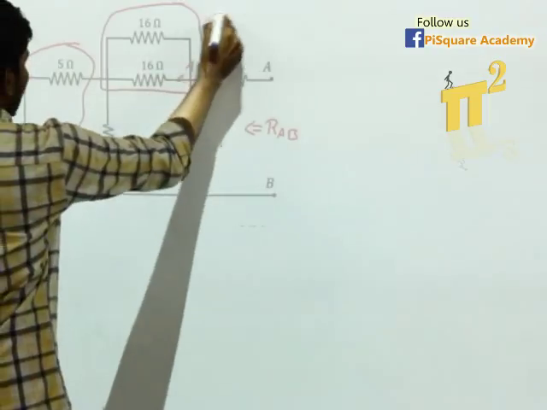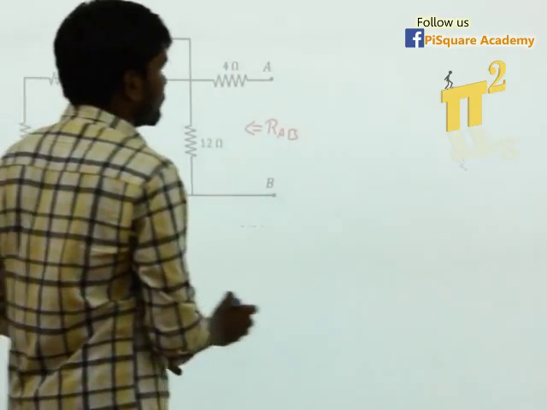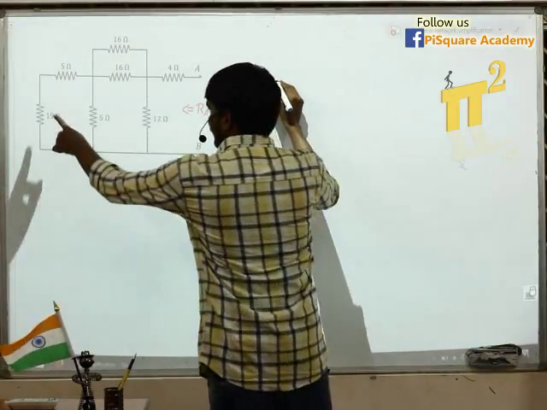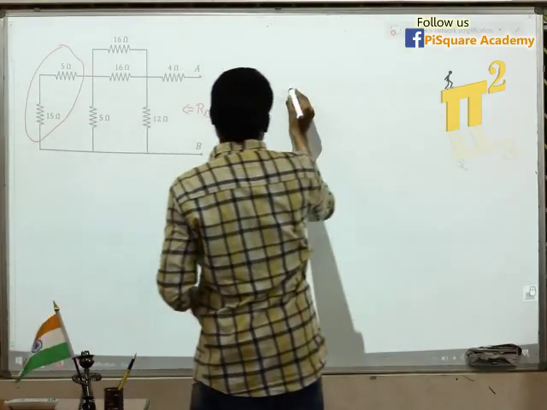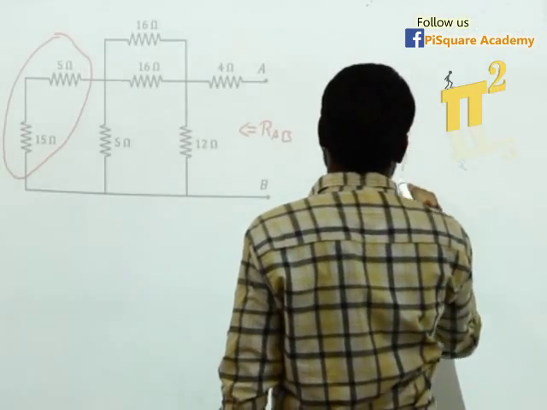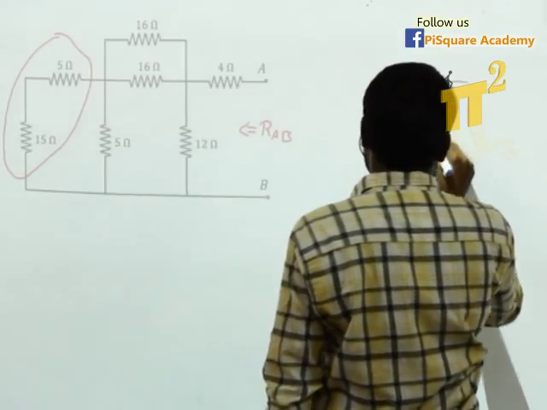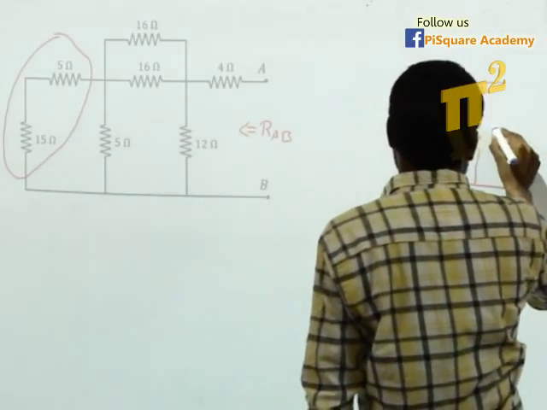So let's simplify clearly. As these two are in series, I'm writing 5 plus 15 is 20. The next resistor is as it is, that is 5.